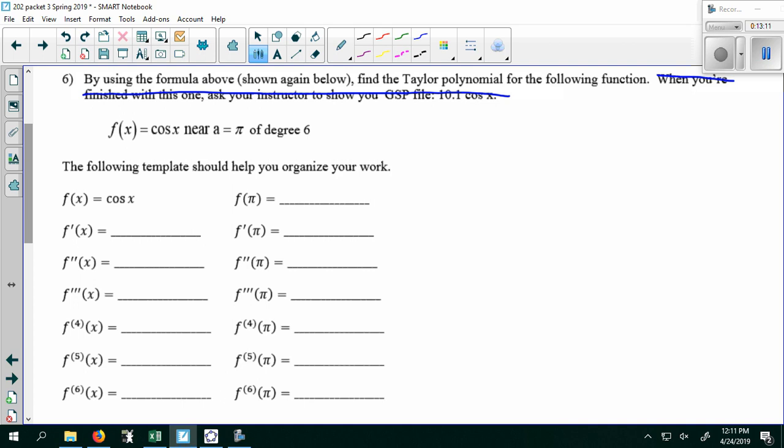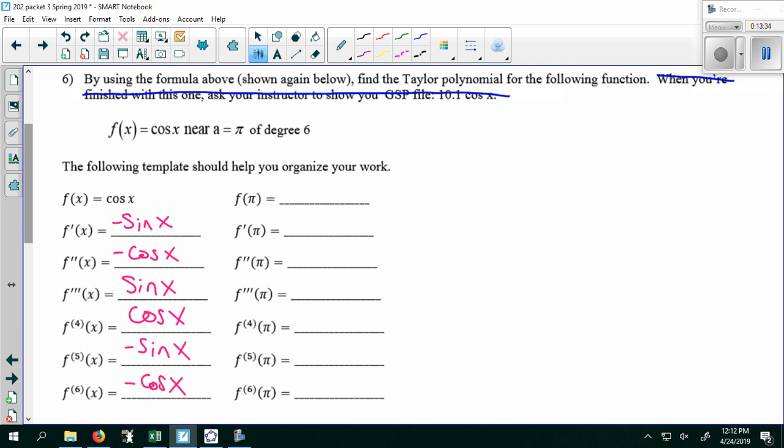So I start by taking 6 derivatives because I want a 6th degree polynomial. The derivative of cosine is negative sine. The derivative of sine is cosine. The derivative of cosine is negative sine. The derivative of sine is cosine. The derivative of cosine is negative sine. And the derivative of sine is cosine.